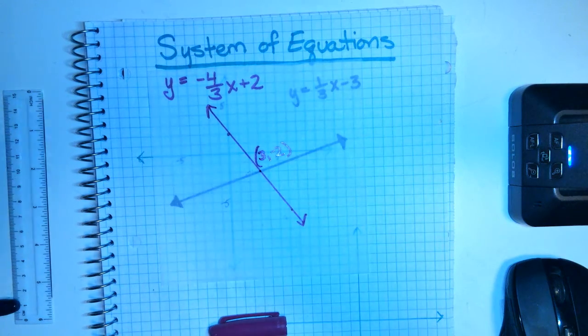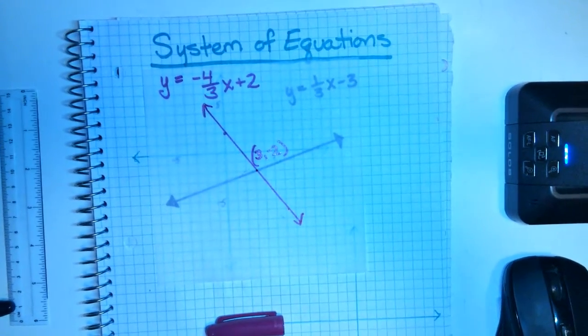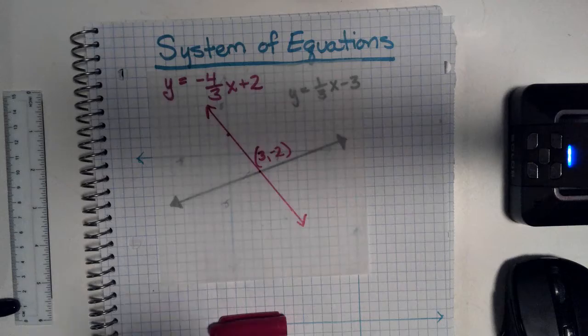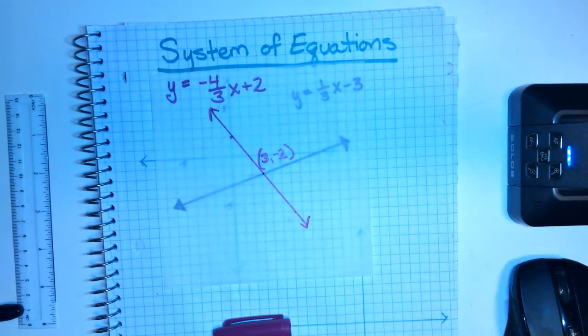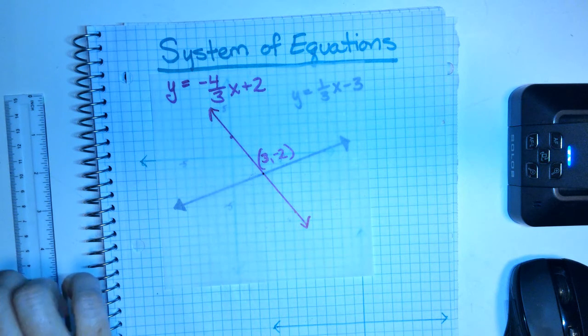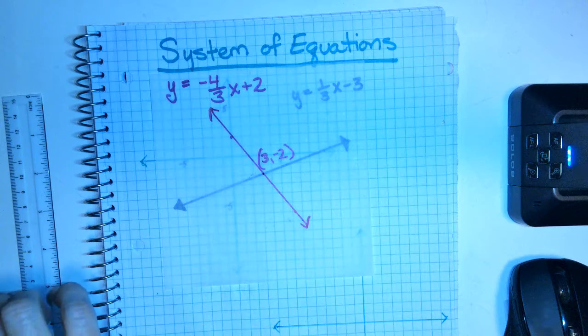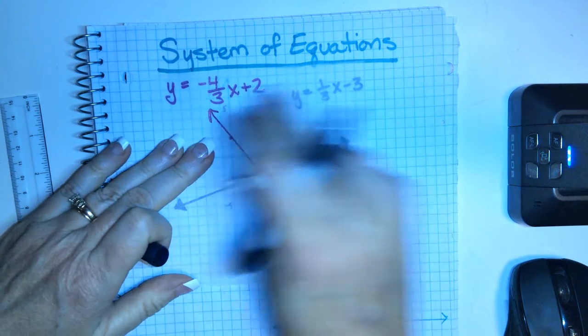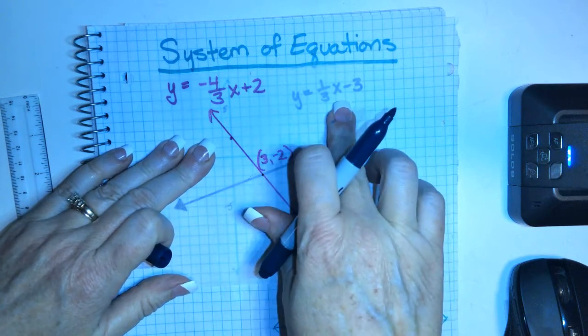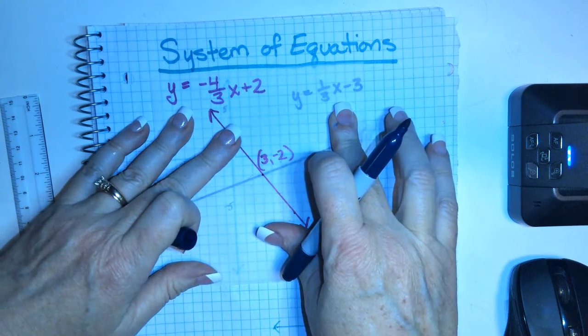So to check this, sorry, it looks like the ink is shining into the camera there a little bit. To check this, I need to plug in those x and y values. So I'm going to start with, and again, it doesn't matter which one I start with. This time I'll start with this one, just to show it really doesn't matter.